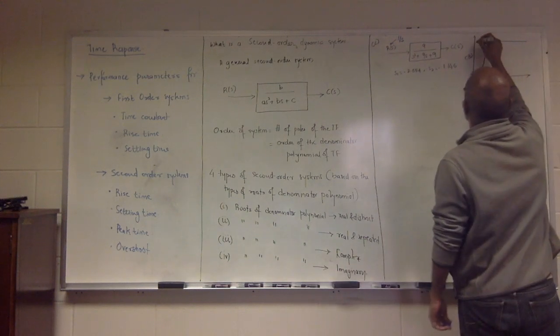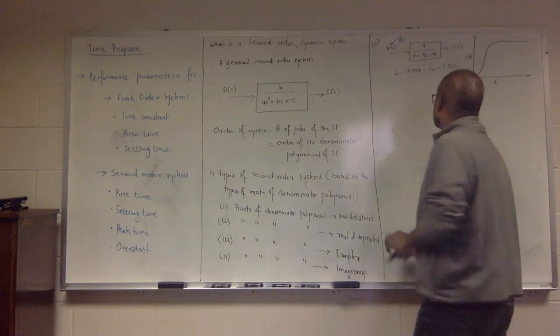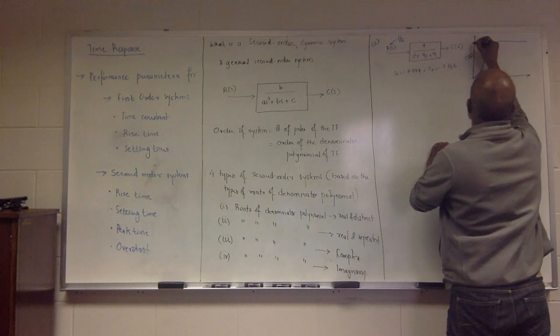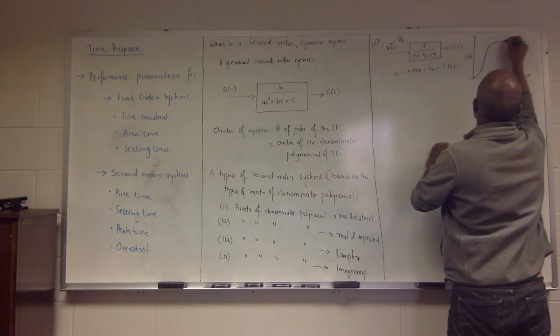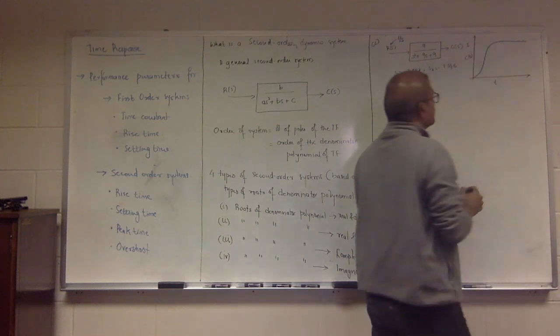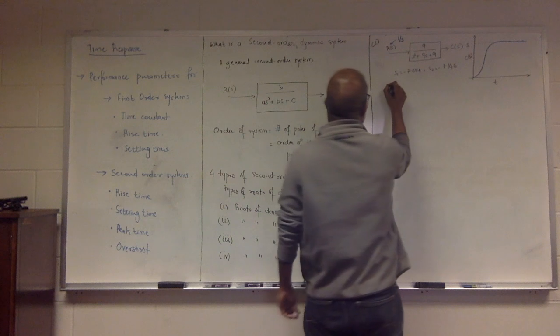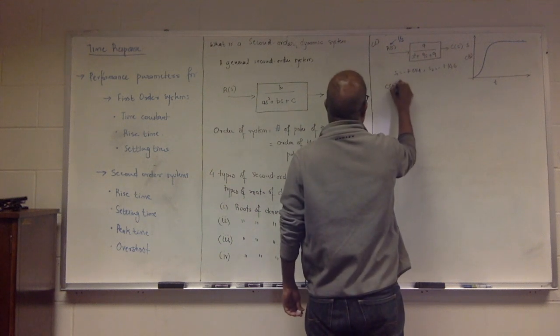And you can say that this value is 1. The plot will look like that. Keep in mind your c of t. How will c of t look?